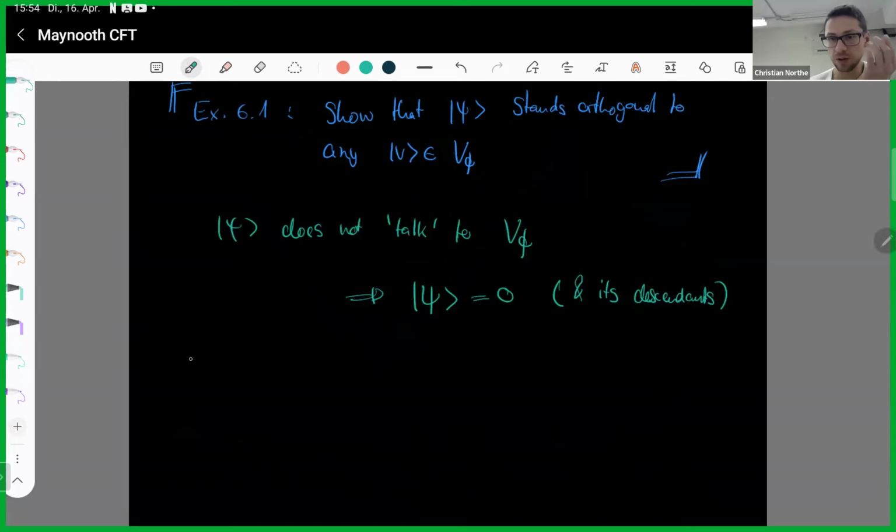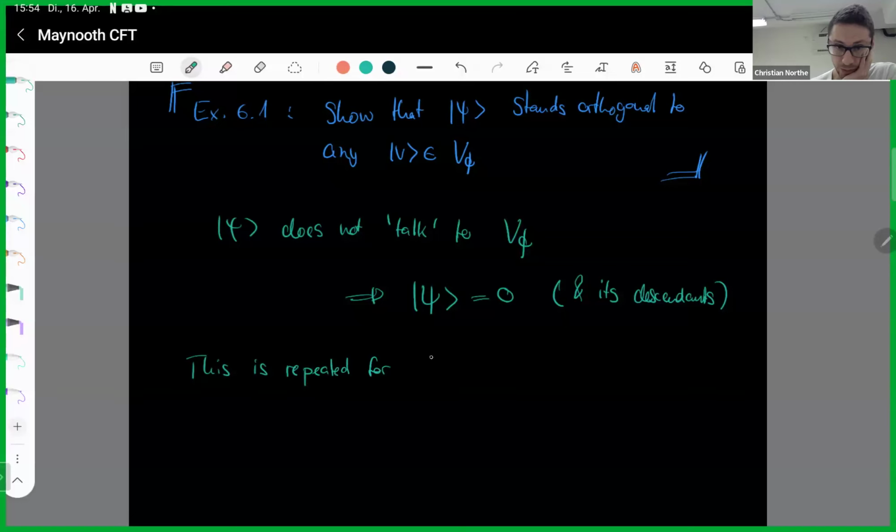To make it irreducible just means that, if there are several null vectors, because it can be that there are no null vectors at all, but there can be several null vectors too, this is repeated for every null vector in a representation, in a Verma module.